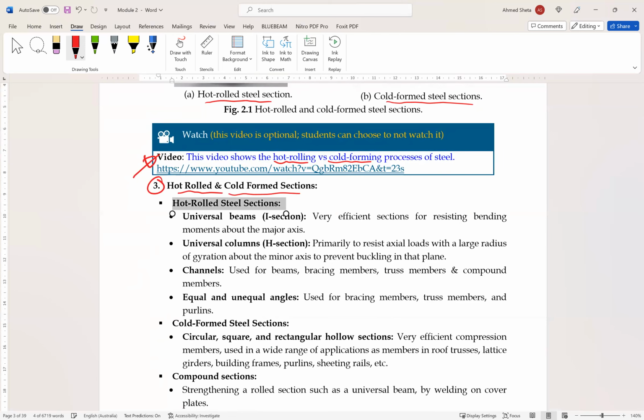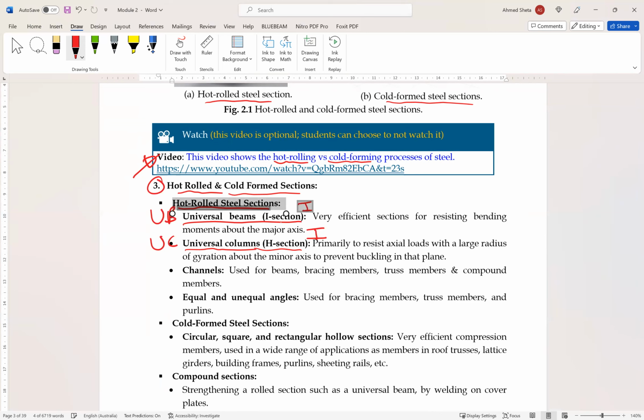In hot rolled steel, we have some common sections in the Australian market, which are universal beam, UB, and universal column, UC. Universal beam is close to I section. Universal column is close to H section.